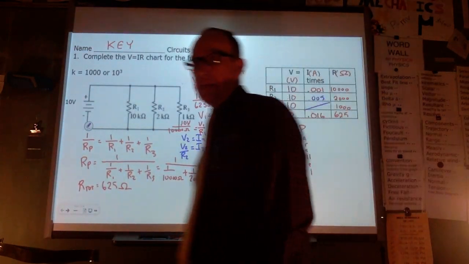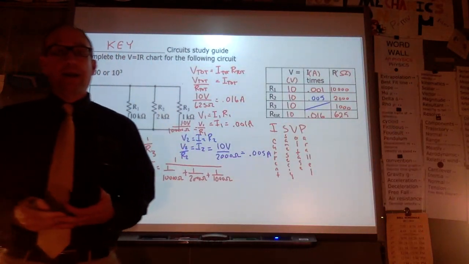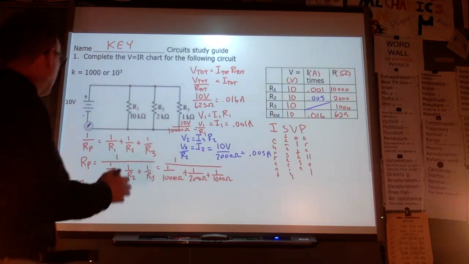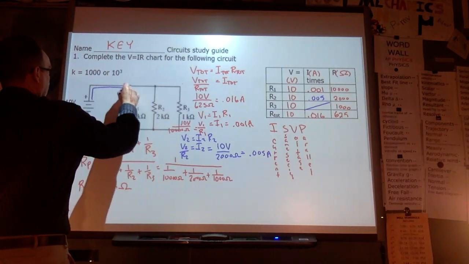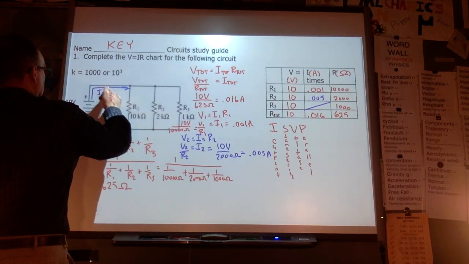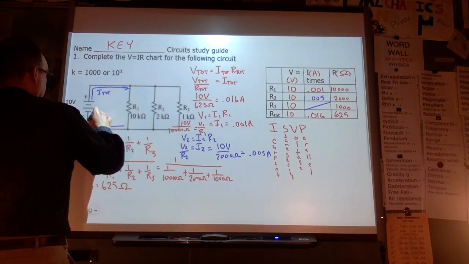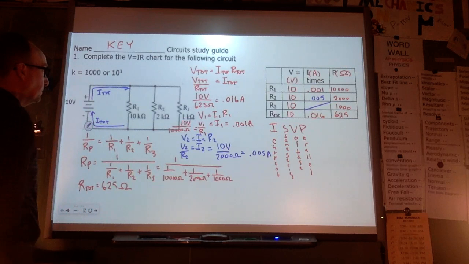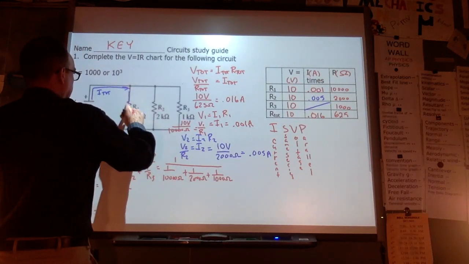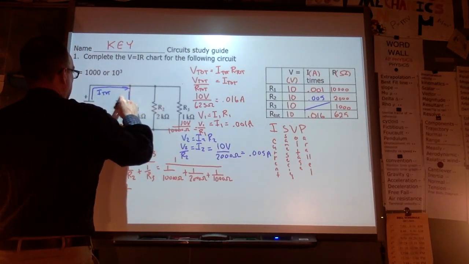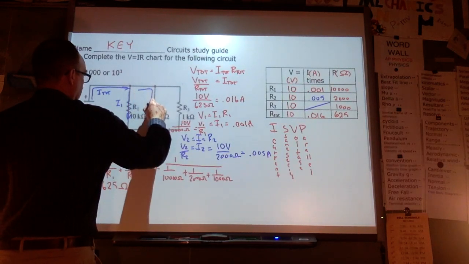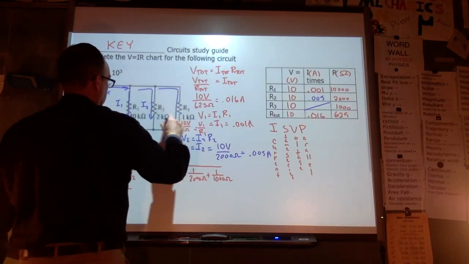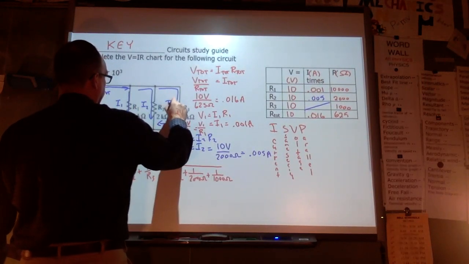Once you get two of them, there's two different ways to get the last one. So I know that all of the current's coming out, and I know that all of the current's going in. And I know that some's going this way, which would be I1. I know that some's going this way, which would be I2. And I know that some's going this way, which would be I3.